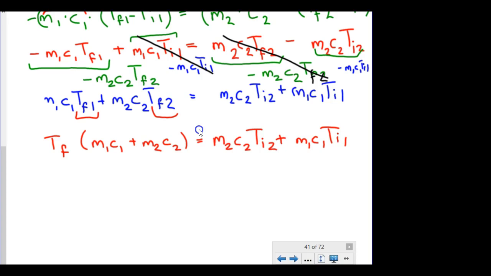The last rearrangement is going to give us just TF.